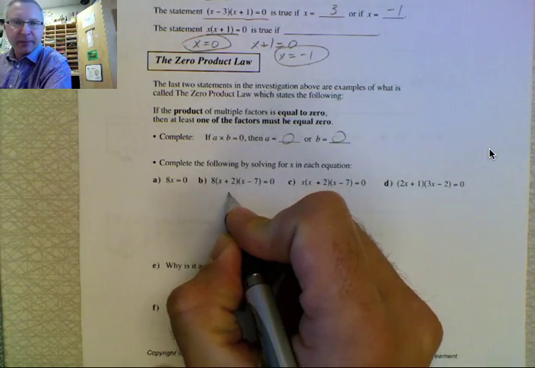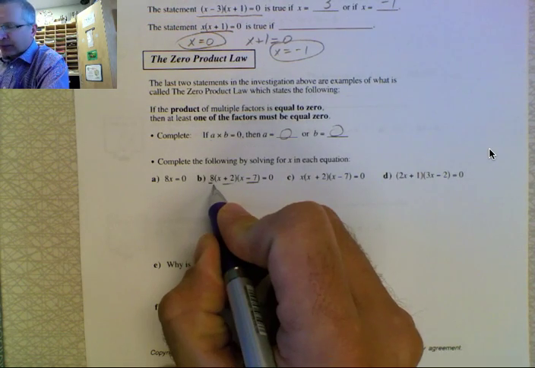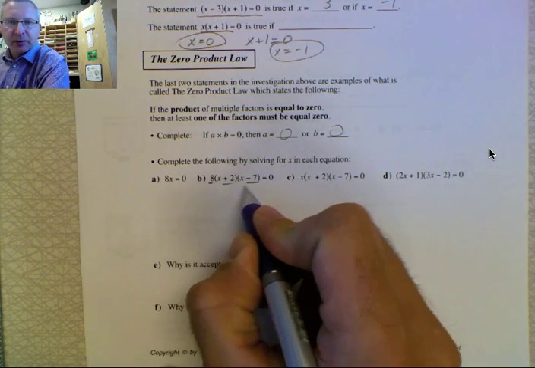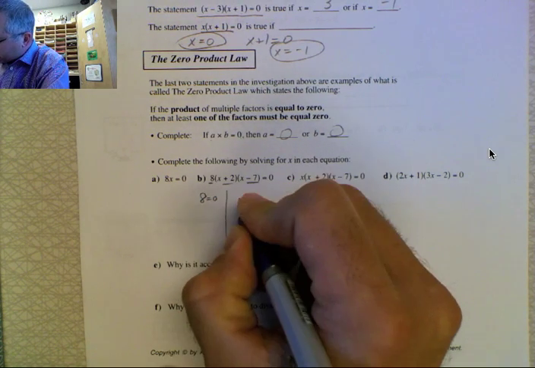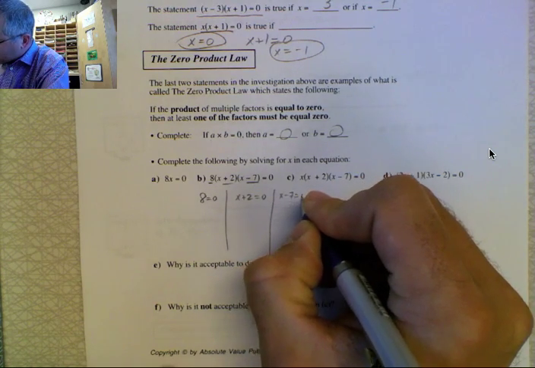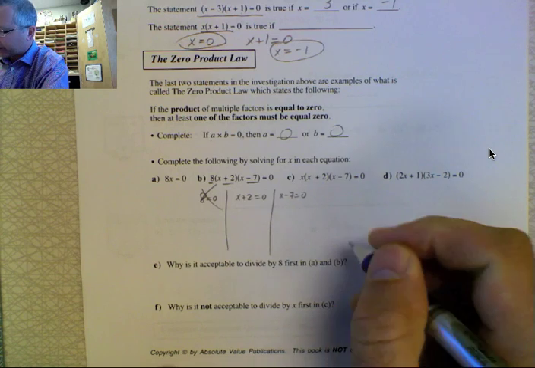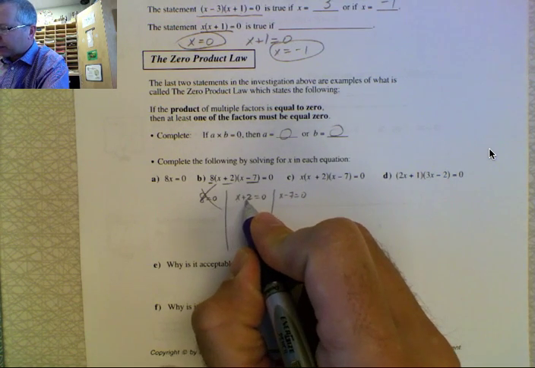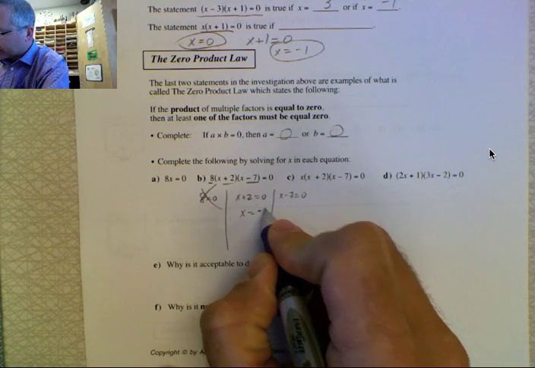We're going to look at example B. We actually have three parts to this example. We have the 8, the x plus 2, and the x minus 7. So we're going to equate each of these parts to 0. Now, 8 equals 0 makes no sense. So that does not give us one of our x-intercepts. x plus 2, if you move the 2 to the right-hand side, you get x equals -2.